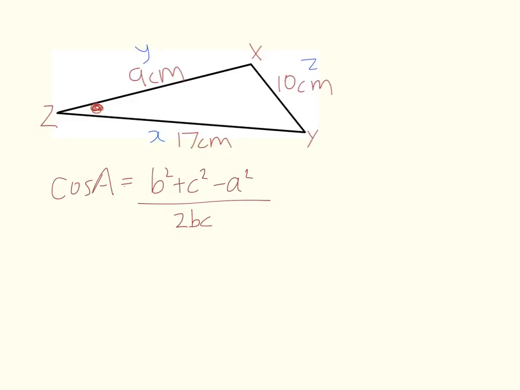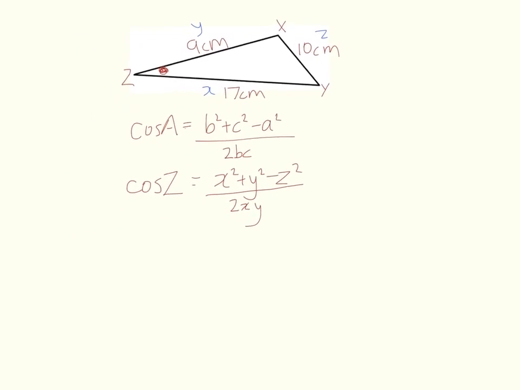The angle is at Z, and in the generic example the angle was at A, so it's going to be cos Z, and then, comparing it to the formula we're given, it's going to be x squared plus y squared, take away z squared, all over 2xy. What we're going to do now is substitute these values in to calculate the size of cos of z.